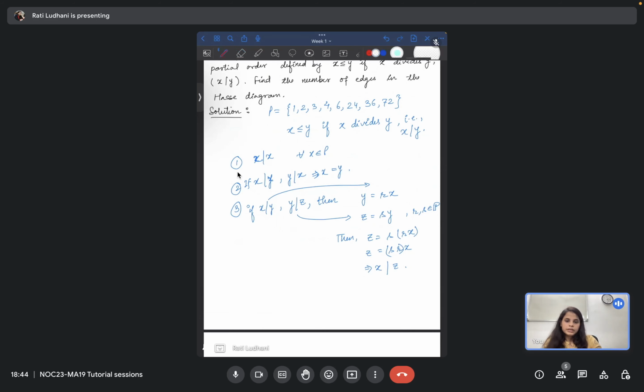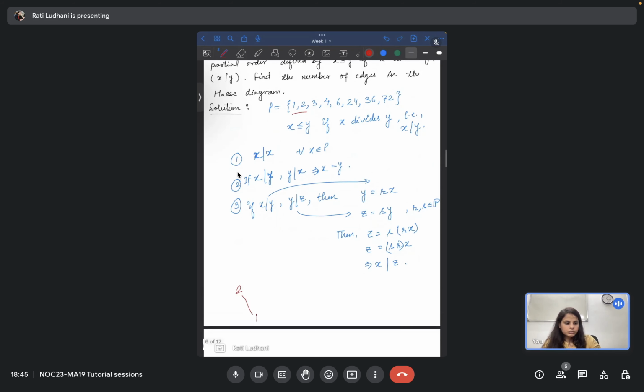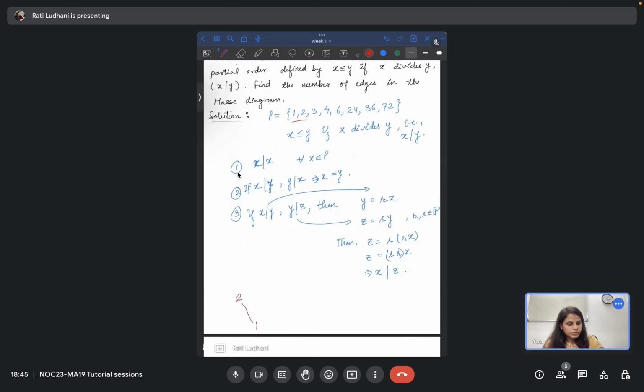Let's start with 1. In a Hasse diagram, an edge will come only if it covers the number which is down. For example, you have 1 and 2, so you will have an edge, because between 2 and 1 there is no other number, right? So there will be an edge.